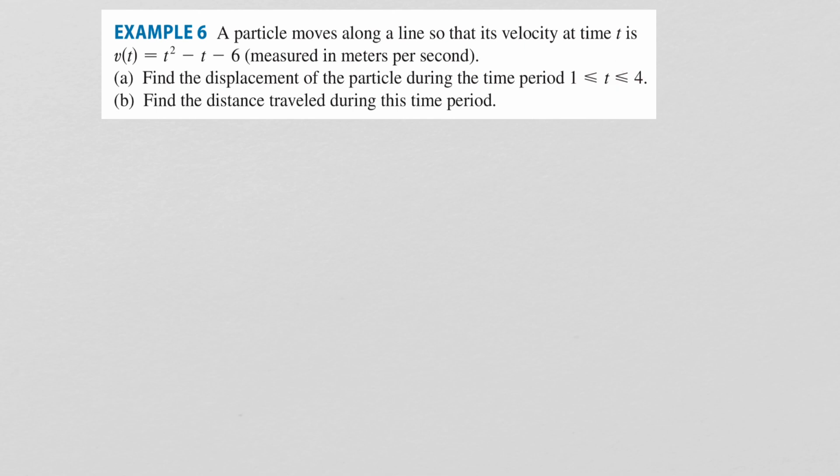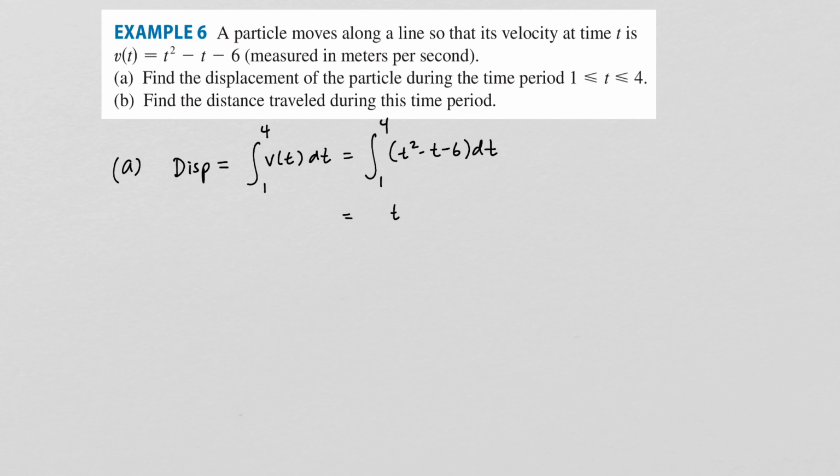So this is straightforward. To get the displacement, we are going to take the integral from 1 to 4 of our velocity function. And this will be the integral from 1 to 4 of t squared minus t minus 6. So to complete this calculation, we need the antiderivative, which I will do here without explanation.